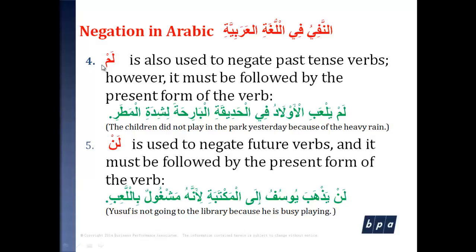Here's the fourth article for negation: لن. لن is used to negate future verbs, and it must be followed by the present form of the verb. Remember, in Arabic there's no future form of the verb. We use sawfa or sa with the present tense form of the verb to indicate the future.